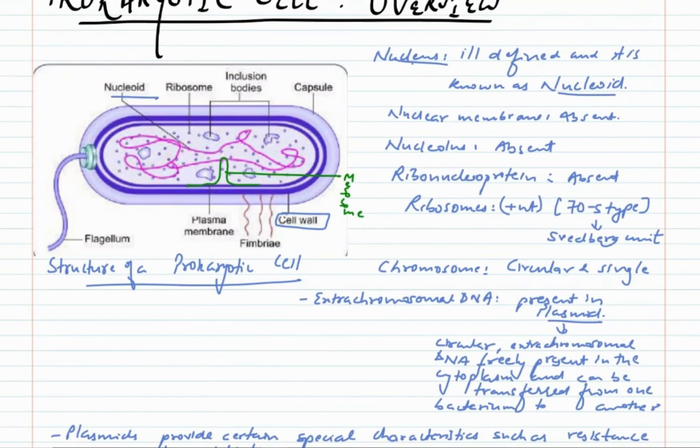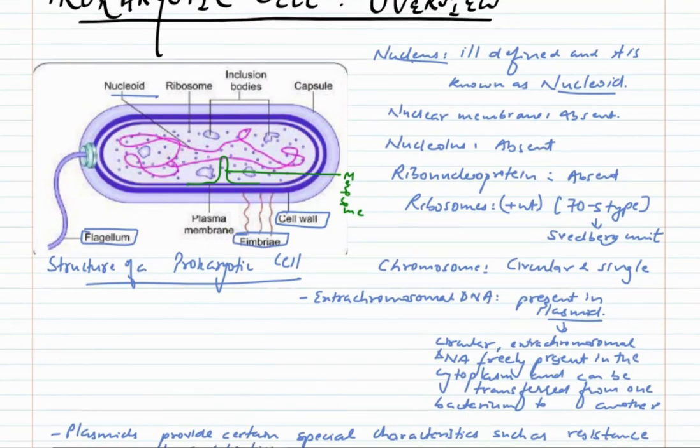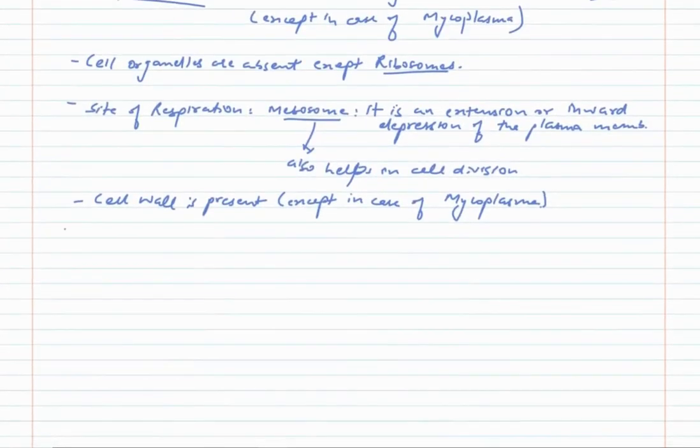After the cell wall, there are certain appendages which include flagellum, fimbriae, and a third appendage known as pili. So three appendages are present. One is fimbriae, which help in adhesion to a surface, that is, to stick onto a surface.